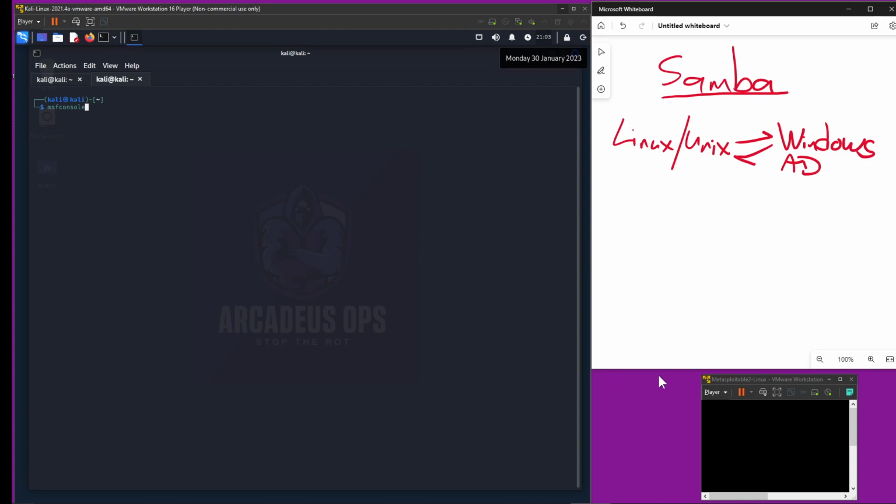Now, what is Samba? Well, Samba's been around since 1992, and it was created to enable Linux and Unix machines, which includes Apple OS X, to communicate with Windows machines.